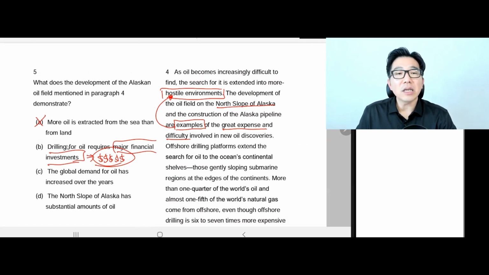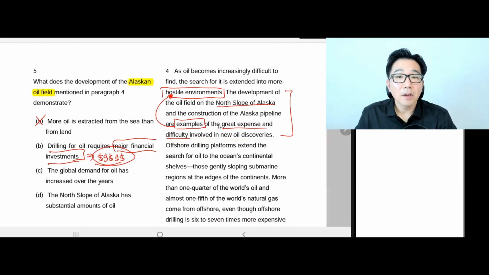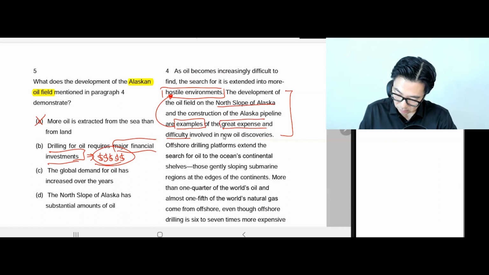So drilling in Alaskan oil field, as shown in here, requires major financial investment. What's the paraphrasing of major financial investment? Great expense. Ching ching. It requires more money. So B looks good.